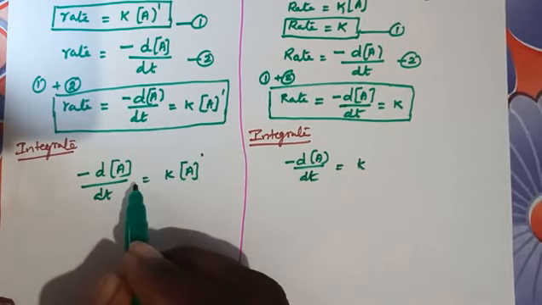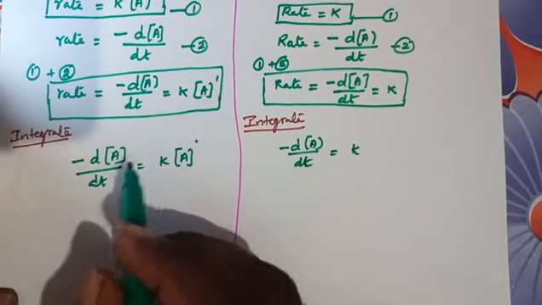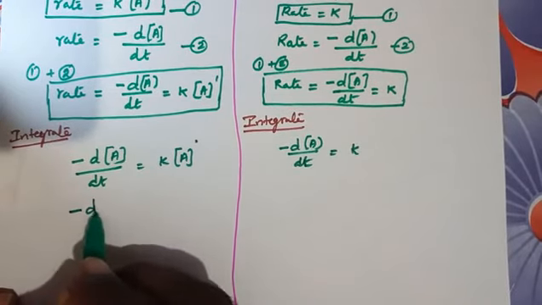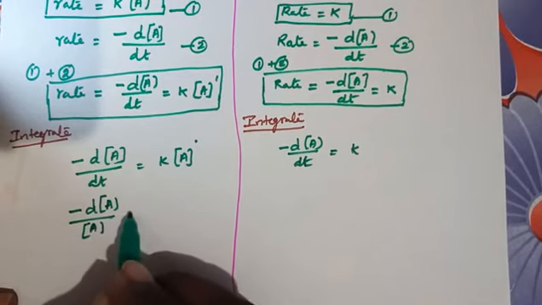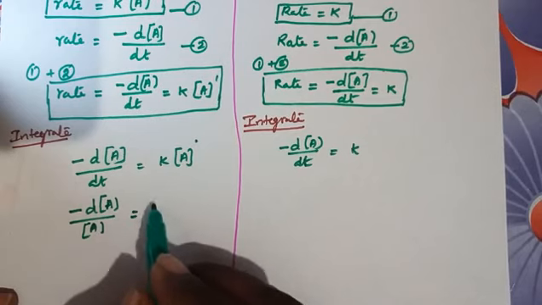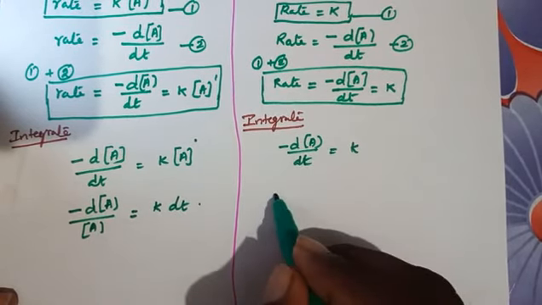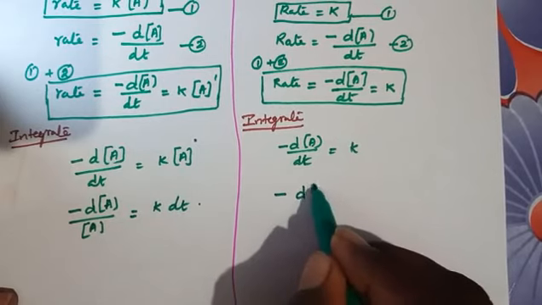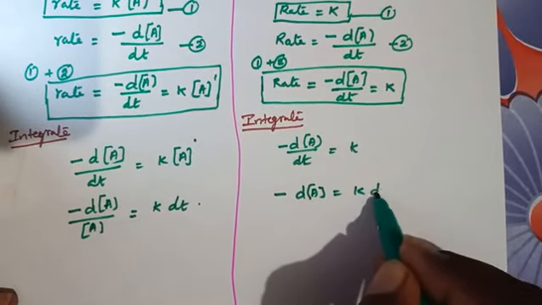Rearranging this equation, concentration terms are shifted to one side: minus d concentration A divided by concentration A is equal to k into dt, and minus d concentration A is equal to k into dt.